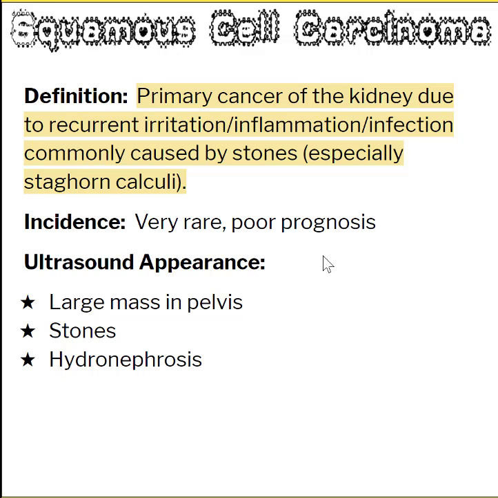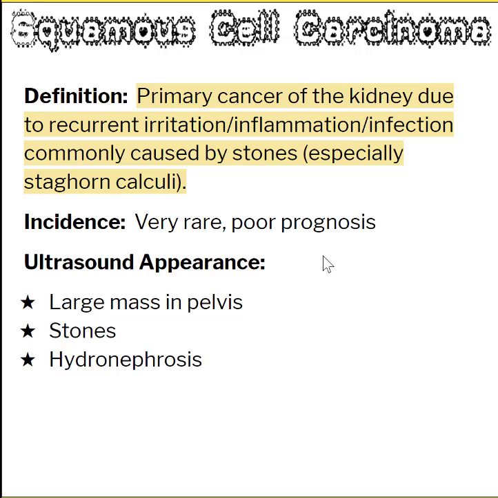We'll learn later in this lecture series about staghorn calculi, but just as a preview, staghorn calculi are giant stones that fill the entire renal pelvis. These stones are very irritating to the kidney and cause blockages and lots of issues for the patient. So squamous cell carcinoma is associated with stones.